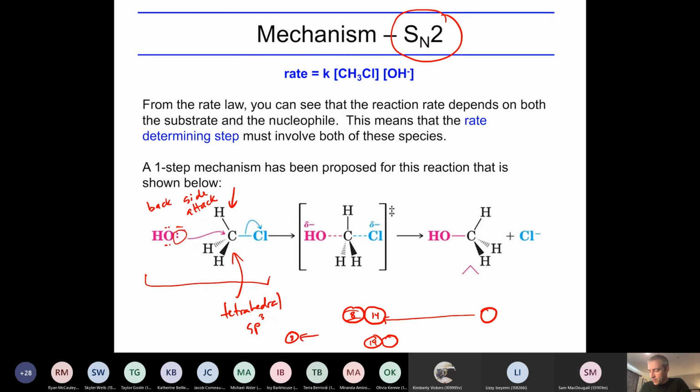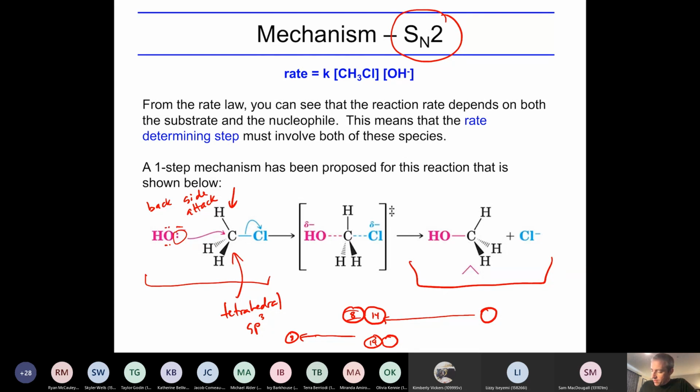You don't want it to go in a pocket, though, because you'll scratch and lose. But this is kind of what's happening in this situation. The carbon doesn't really go anywhere. The chloride flies off, the OH comes in, you've knocked it out, and in our product, you can see we have the OH on the carbon, and the chloride is now kicked out.